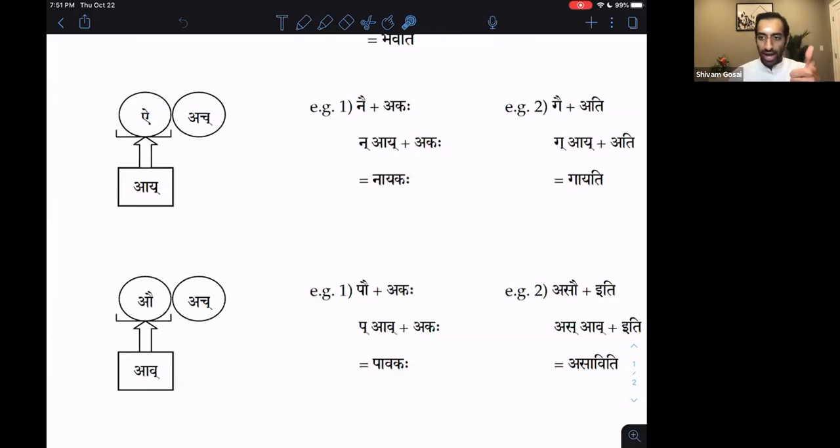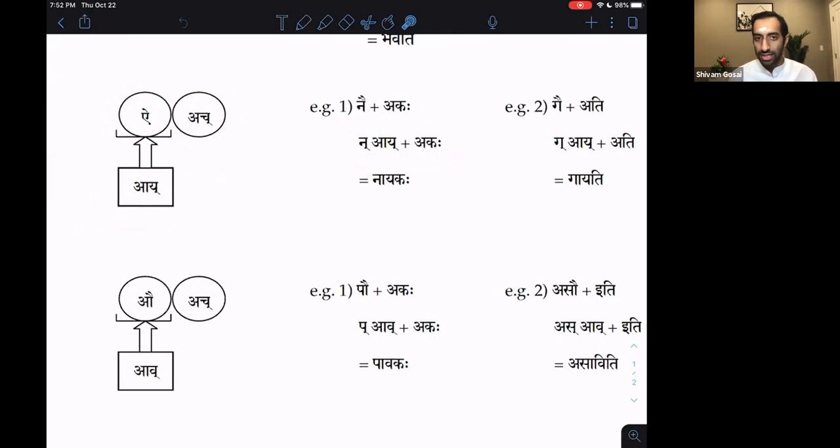So A, O, I, ow, right? I is the third one of the series. When I is preceded by any vowel, it becomes ay. So nai plus akaha becomes nayakaha, leader, right?